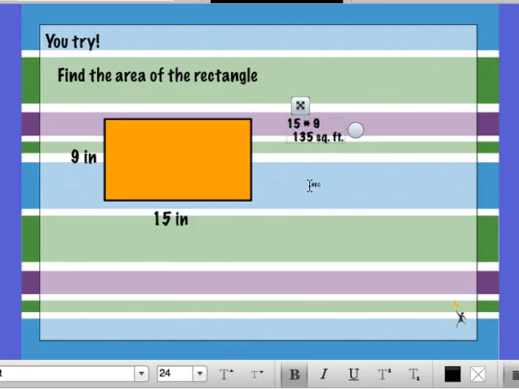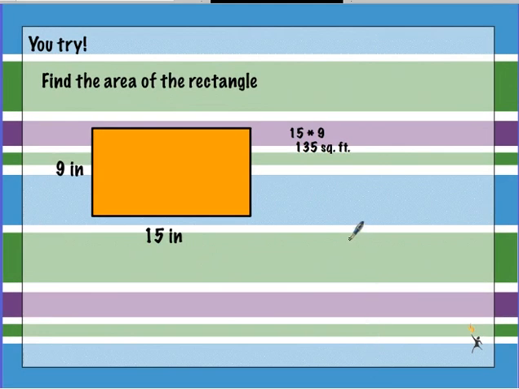feet. Okay, now the reason that it's square feet, we're going to take a look at this here, is because when you multiply, you have 15, oh, and I'm sorry, this is square inches. You're multiplying 15 inches times 9 inches. We said 15 times 9 is 135.